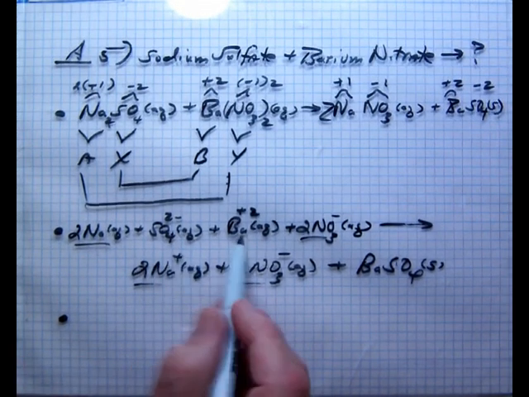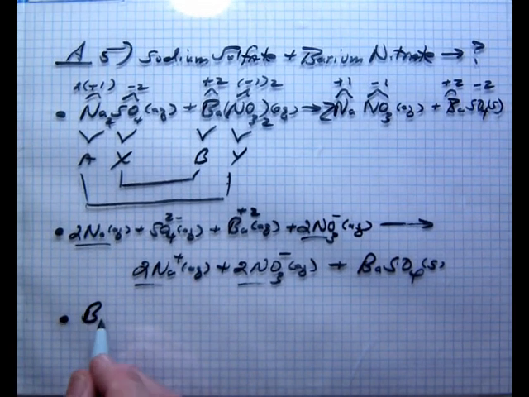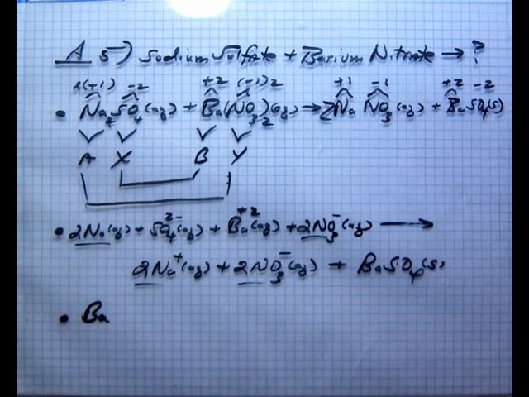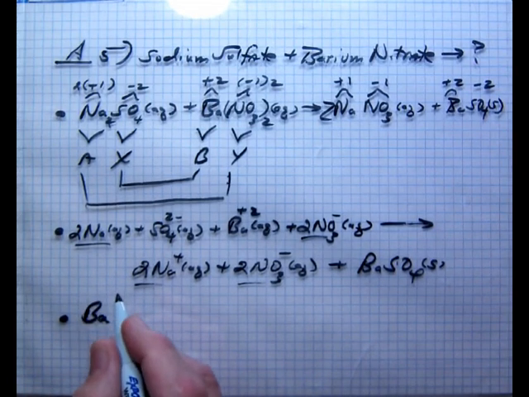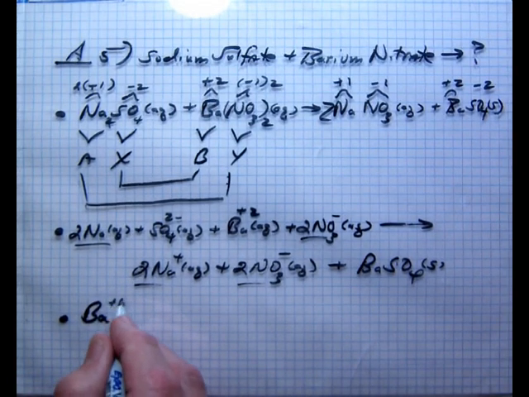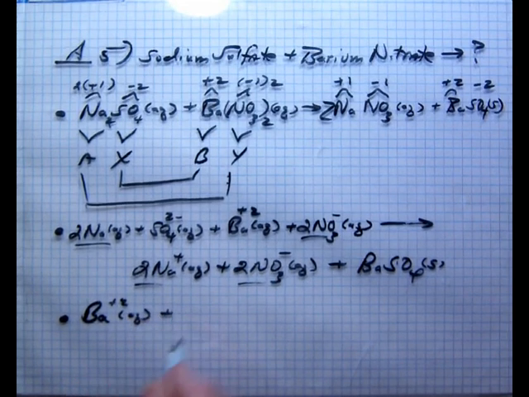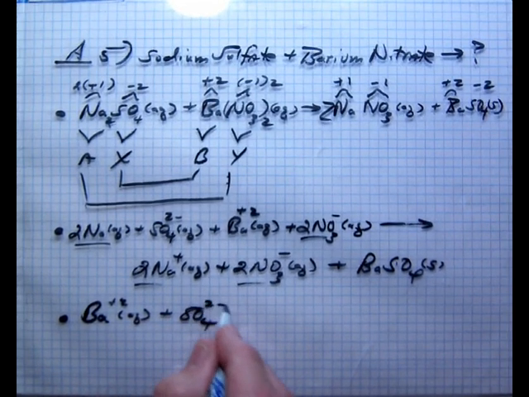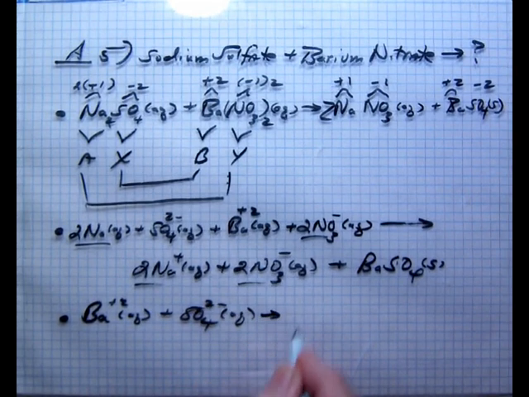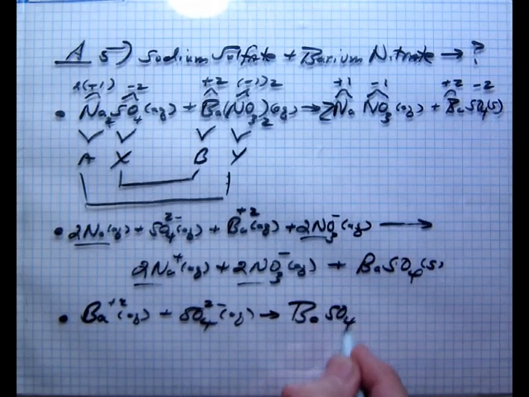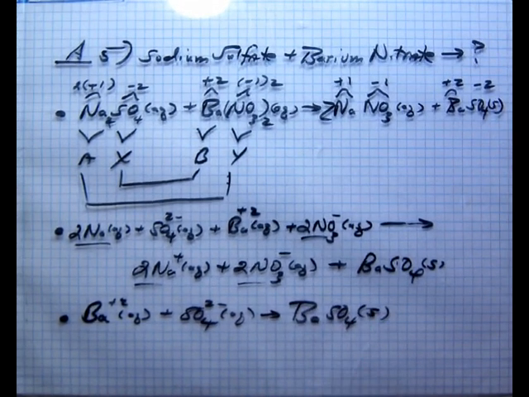Now, by convention, the metal is typically written first. Honestly, it's not incorrect if you put the negative first and the metal second, but most people will go with the metal simply because it's first on the periodic chart. Showing those components which do react.